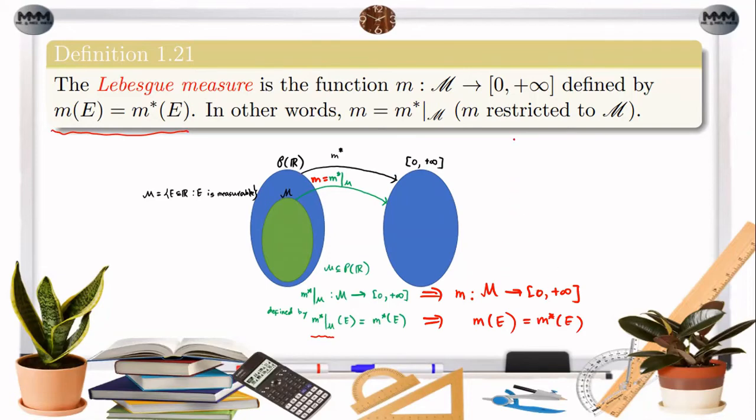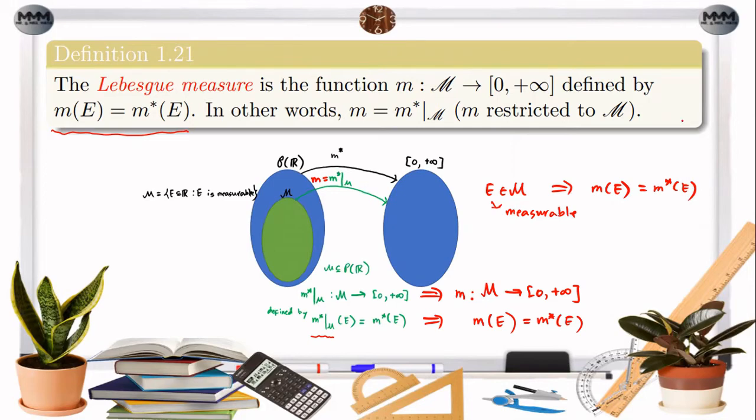Hence, for this definition, we can say that if E is measurable, so it means it is in script M, then the Lebesgue measure of E is equal to the Lebesgue outer measure of E. So we will use this later on.